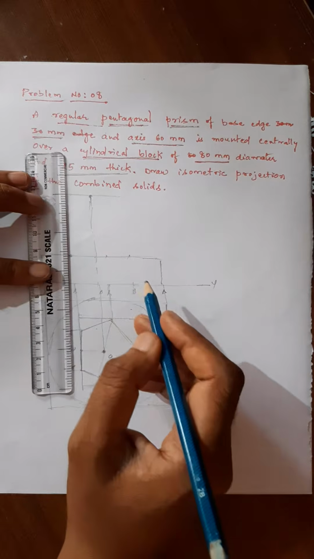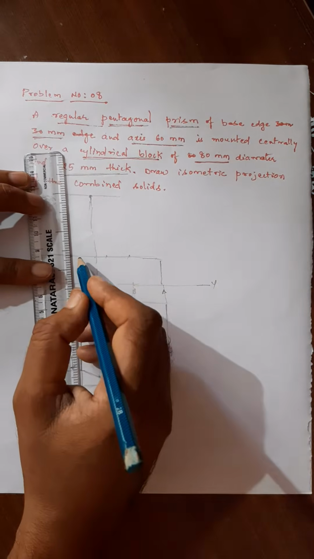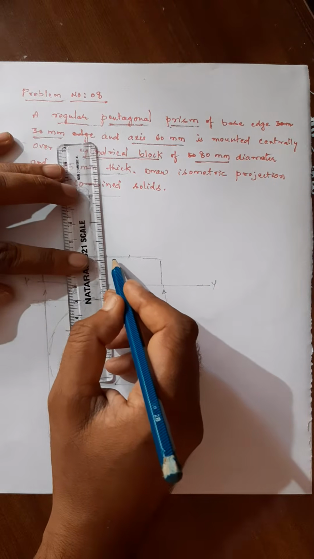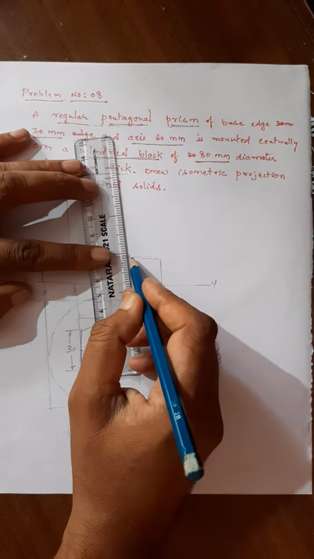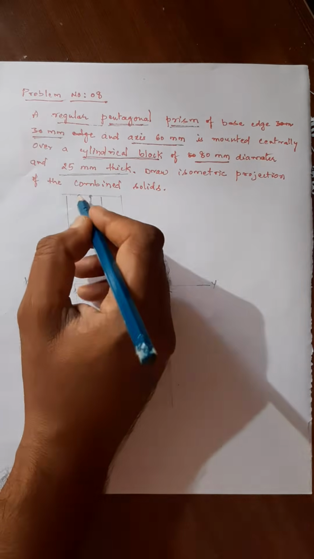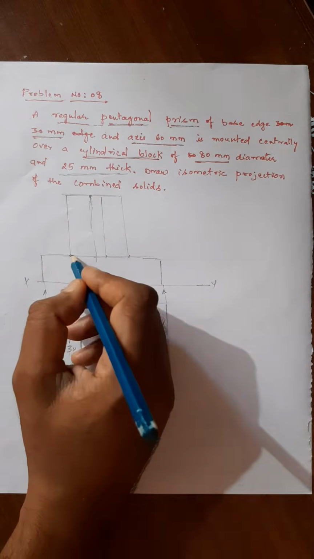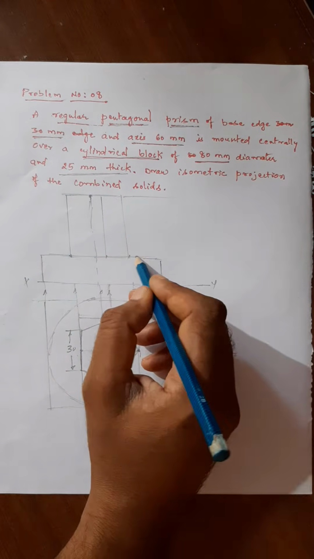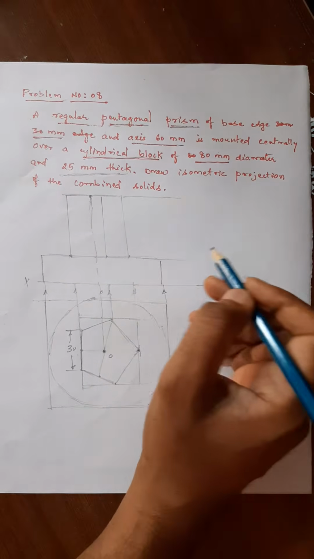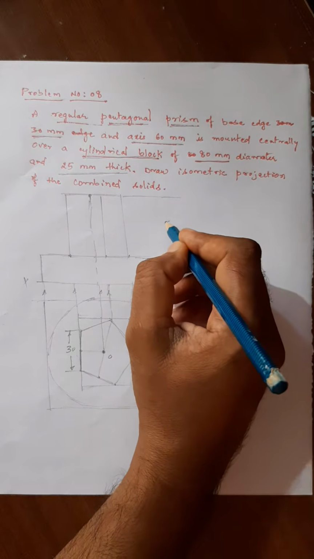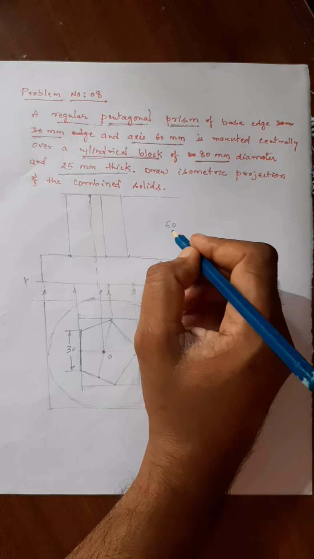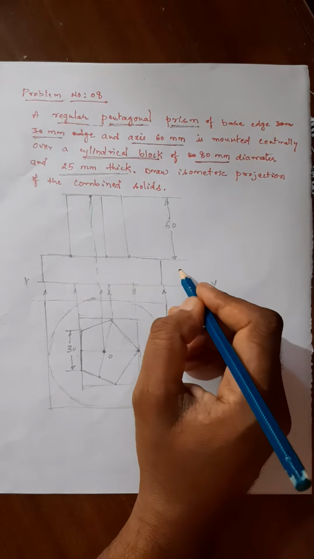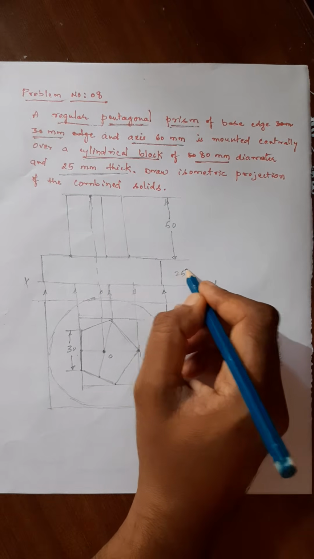now see, this is approximate. It is not to dimensions, so dimensions are not required here. I am drawing just to make you understand how the front view and top view look. Now see, this is the height of the axis, the height of the pentagonal prism is 60, and the thickness of the cylindrical block is 25.